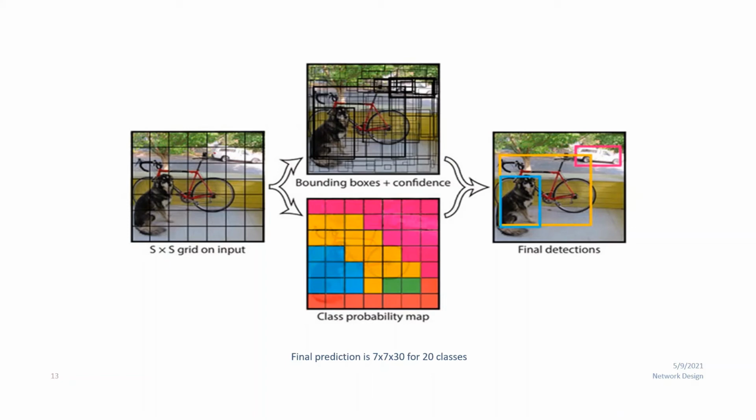Those predicted bounding boxes which have an IOU value greater than 0.6, we keep, and we remove the others. Finally, they use non-maximum suppression. So the bounding boxes which have the higher probability, we keep only those. It helps us remove the extra bounding boxes and keep only the relevant ones.